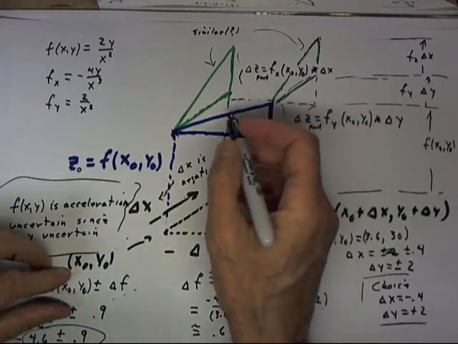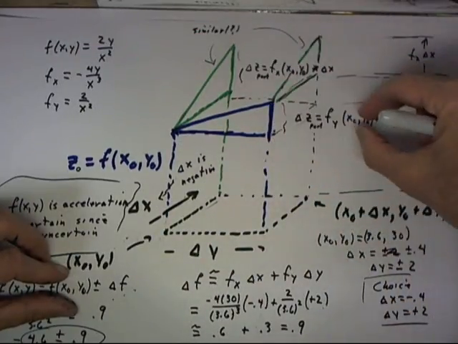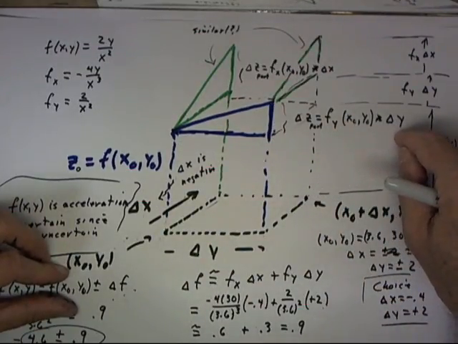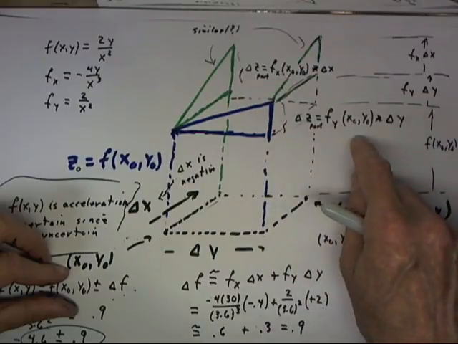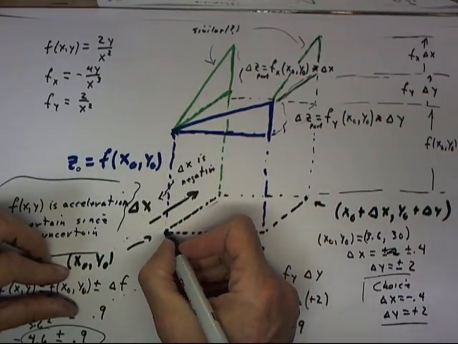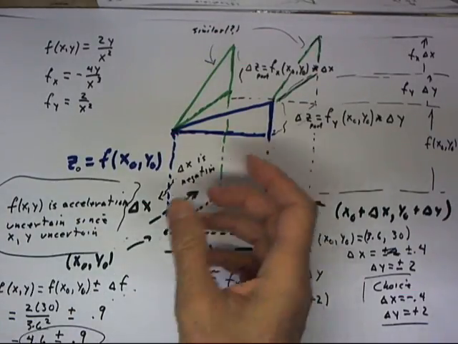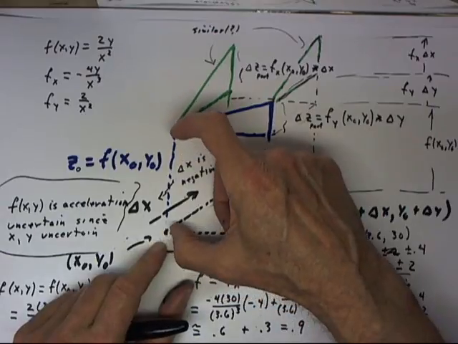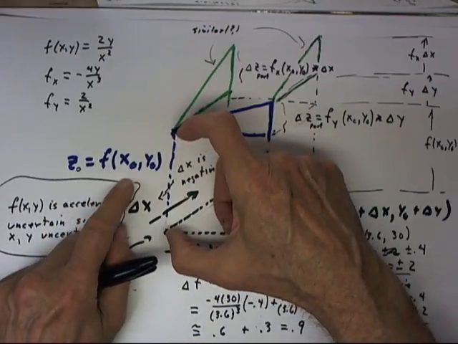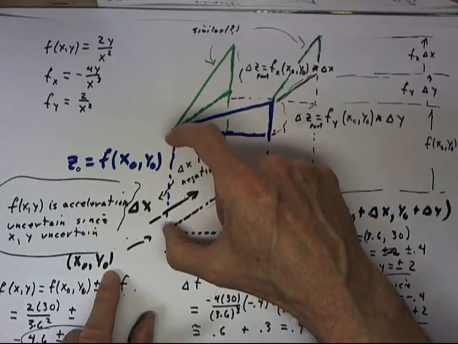Now, if I move in the positive y direction, of course, I get my change fy delta y, where fx and fy are both evaluated at the point x naught, y naught. These changes are, if you will, built on the value z naught equal f of x naught, y naught that we got at the point x naught, y naught.